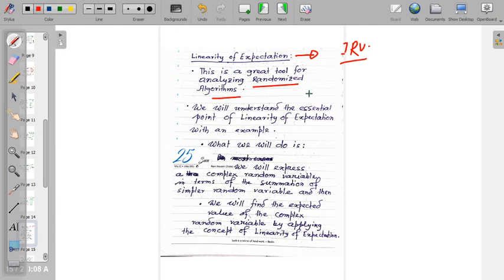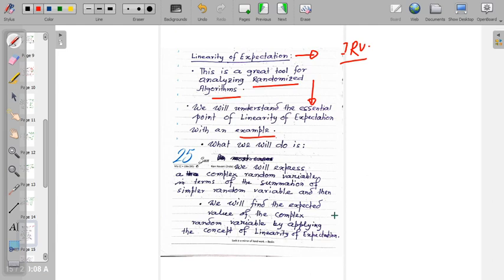Here we'll represent the essential point with an example. What is this linearity of expectation? Without going into too much mathematical detail, that means proofs and all this, we'll try to understand it mathematically, obviously, but in a more lucid manner so that you can grasp the essential point.